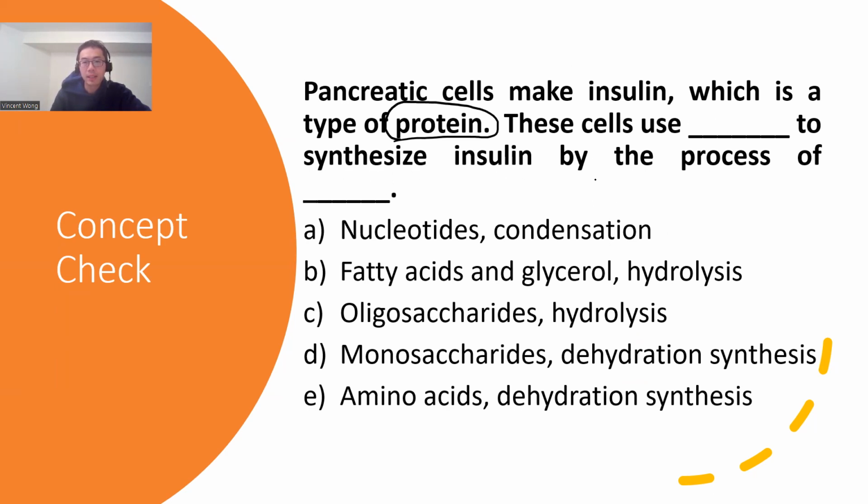Synthesize is to make, right? So what do we need to make proteins? Well, you should have a summary chart that writes down the monomers for all the macromolecules. In the case of proteins, we need amino acids, and we would join them together using dehydration synthesis.